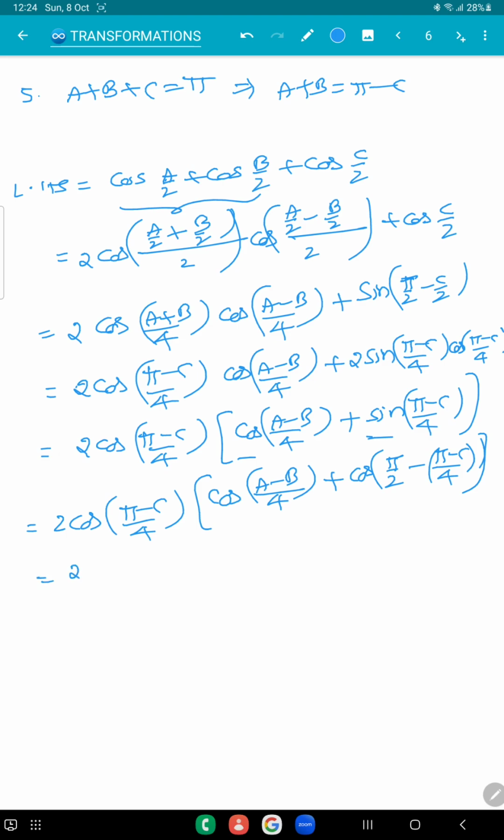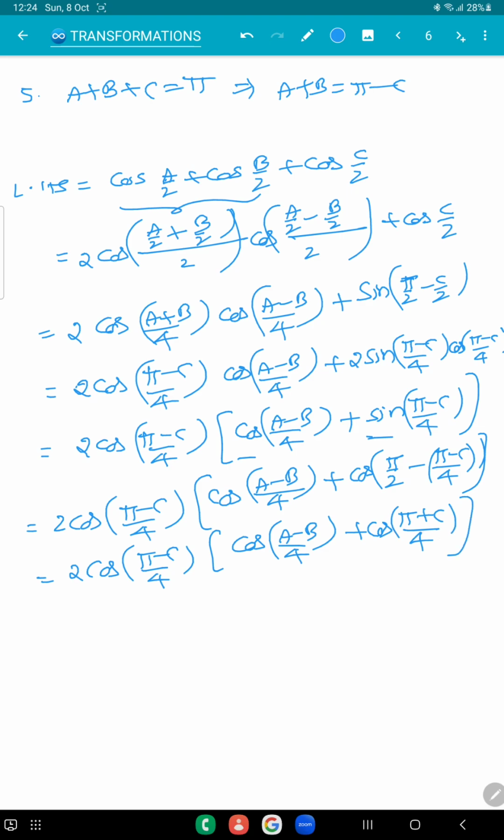So that is equal to 2 cos((π−c)/4) times [cos((a−b)/4) plus cos((2π − π + c)/4)]. Am I right? You can take the LCM 4, sir: (2π − π + c)/4.